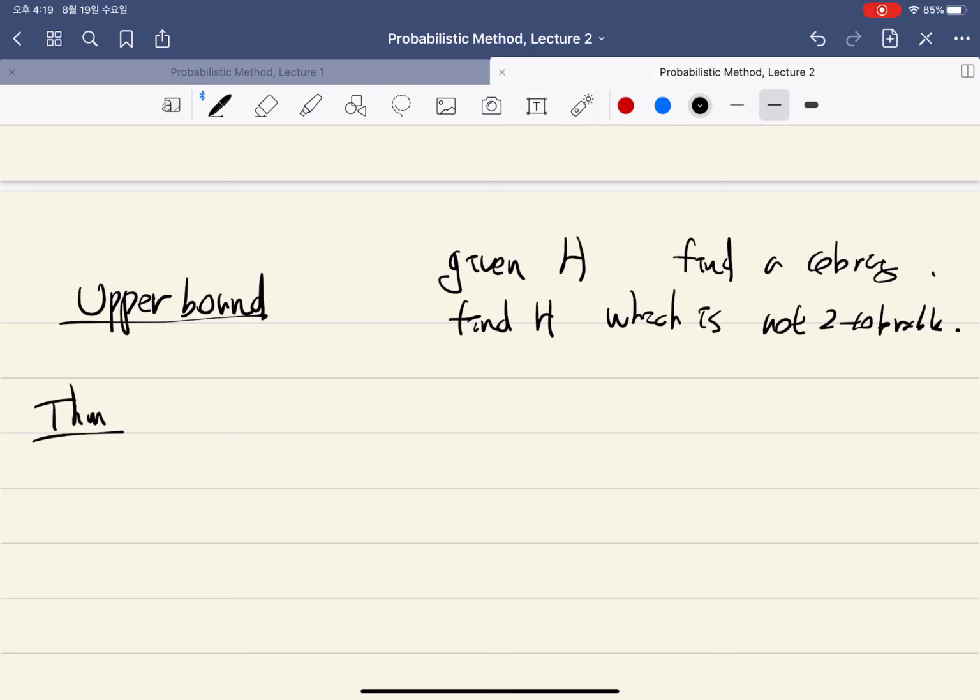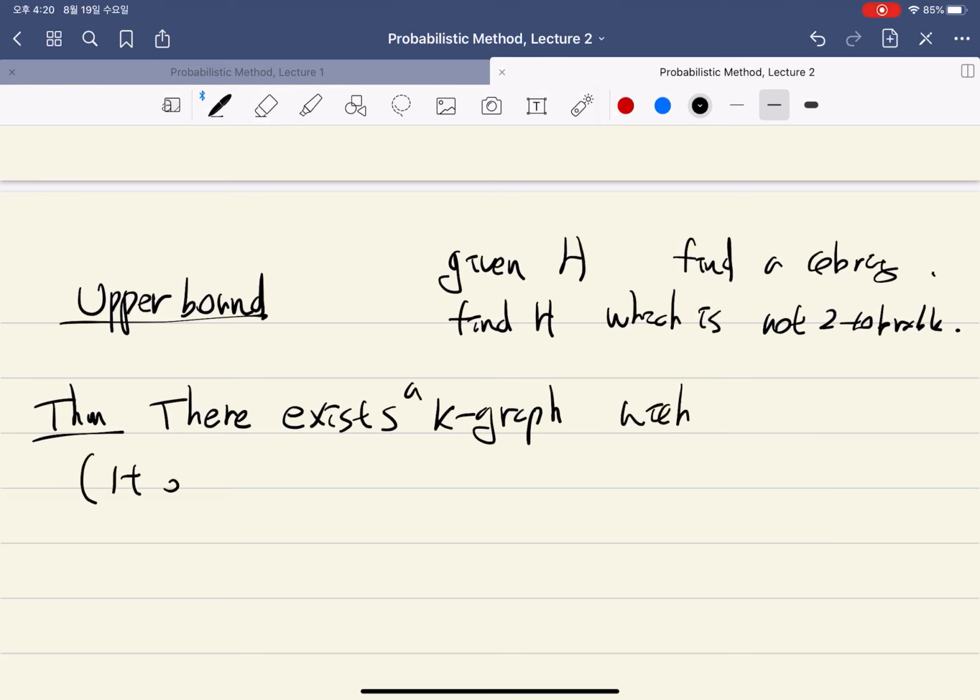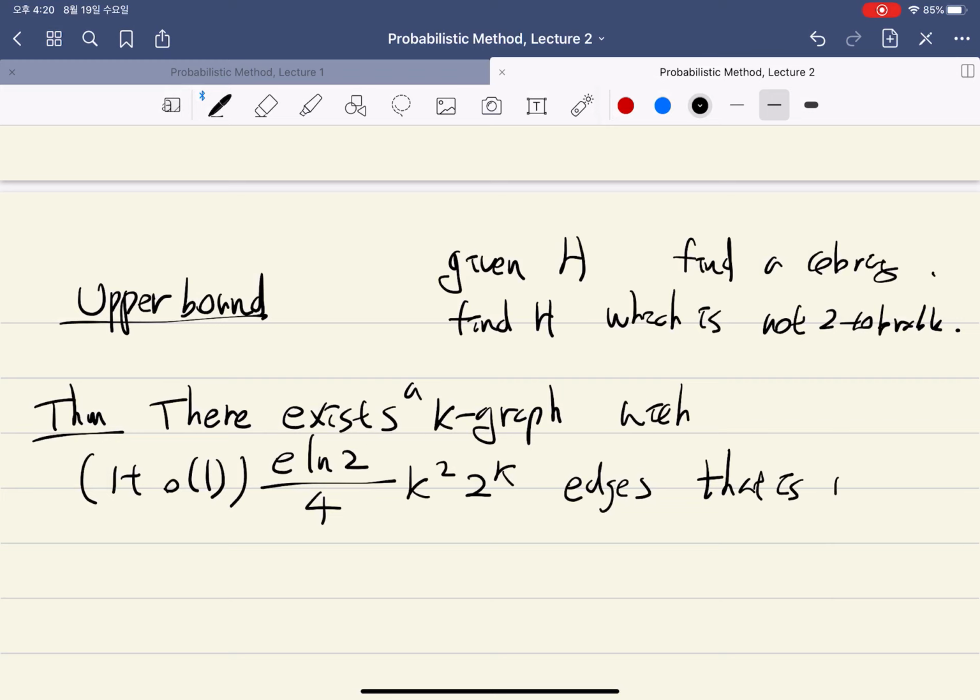That's a possible strategy to find an upper bound. So we can prove this: there is a k-uniform hypergraph with (1 plus log of 1 times e times log 2) times k squared times 2 to the k edges that is not two-colorable.